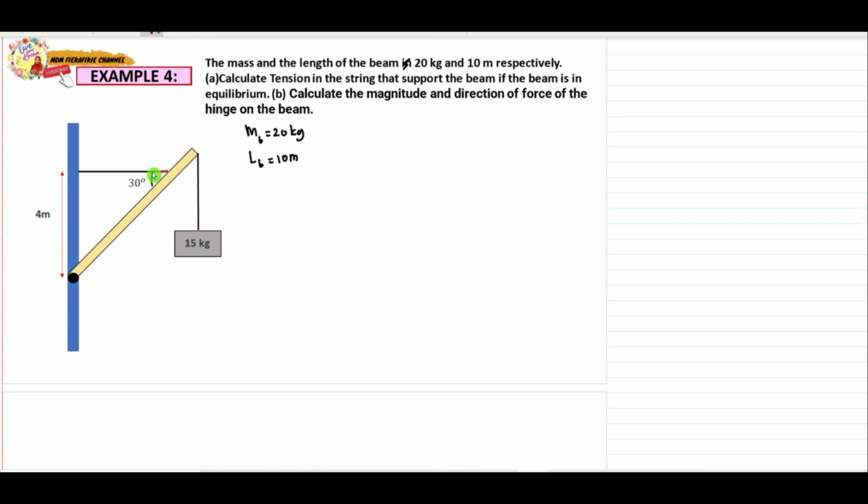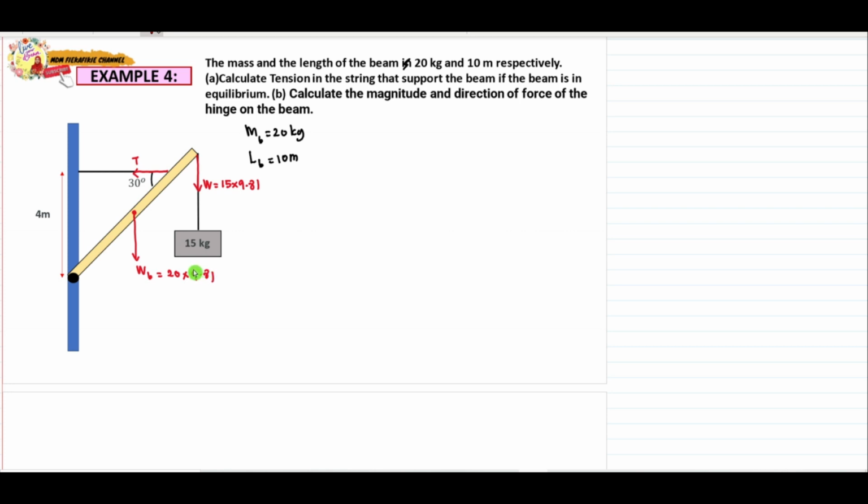If we draw all the forces on the beam, we have tension here and then we have the weight here, which is mg, 15 times 9.81. Kalau kat sini kita dah boleh tulis macam tu. And then at the center of the beam we need to consider the weight of the beam. The mass tadi dia dah bagi, so 20 times 9.81.